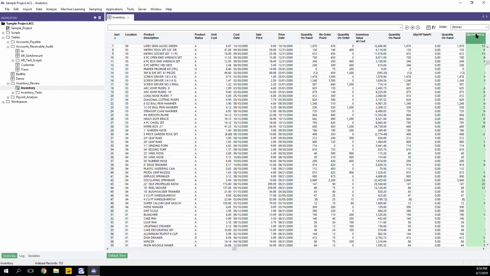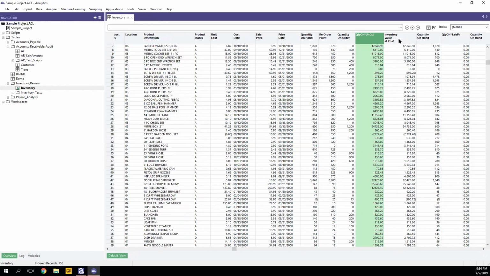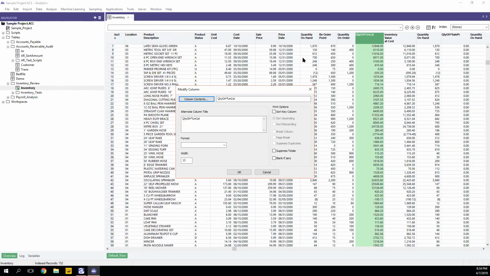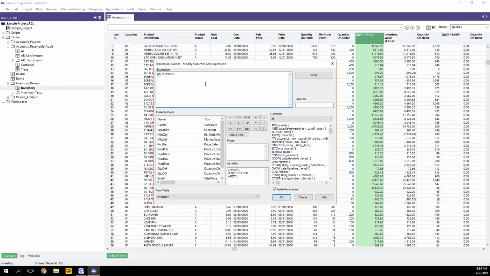Quantity on hand times unit cost. Inventory value at cost. Let's just drag that next to each other. Look, I've got the right formula. It's like I've done it before. Double click on this, and I'm going to check again. Minus inventory value at cost. I'm going to say that's what this is, value.